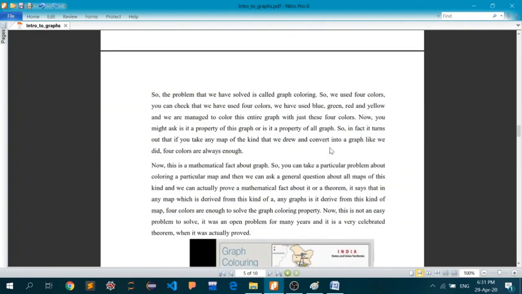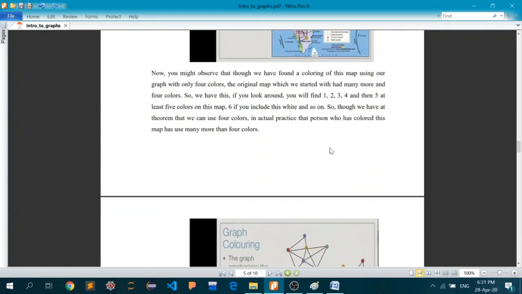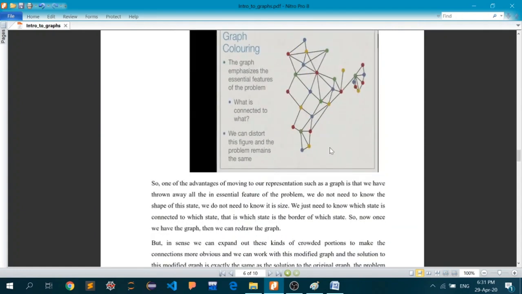Okay, we'll skip that. You can also skip these coloring slides for a while, because those are just to help you understand more intuitively, more visually, how useful graphs are for implementing any kind of problem.